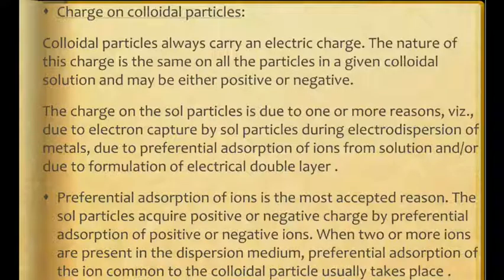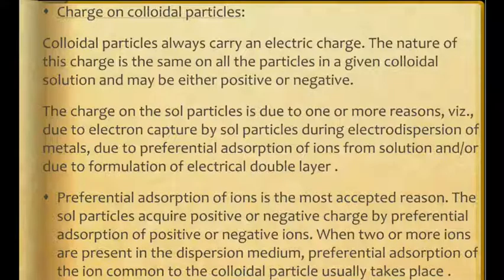Let's talk about the preferential adsorption of ions, which is the most accepted reason. The sol particles acquire positive or negative charge by preferential adsorption of positive or negative ions. When two or more ions are present in the dispersion medium, preferential adsorption of the ion common to the colloidal particle takes place.